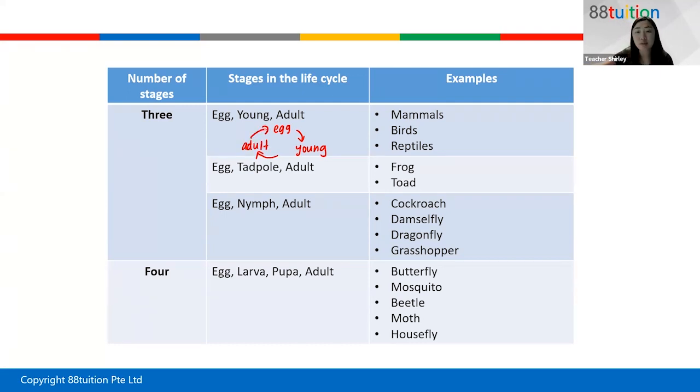So what are the common animals that have this life cycle pattern? It will be your mammals, like humans. Generally, we consider ourselves as egg, then young, then adult. Birds as well, birds like chicken. You have your hen.